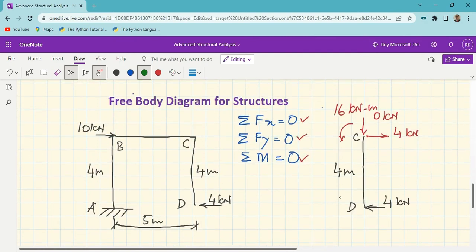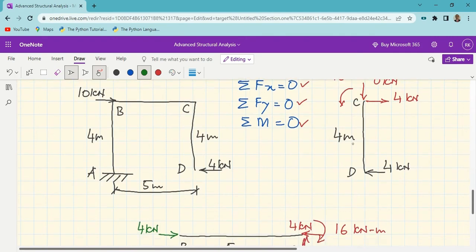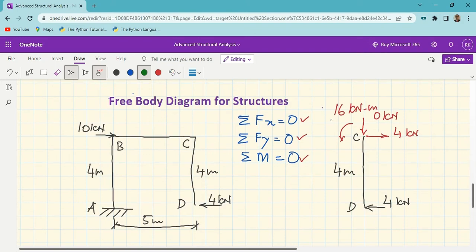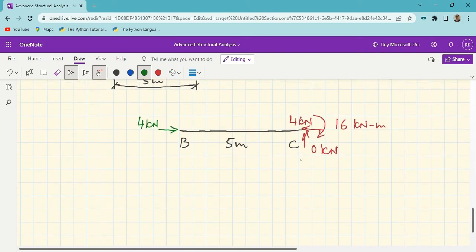Remember, every joint is in static equilibrium, every member is in static equilibrium. That is what a free body diagram is. We have achieved the static equilibrium of the joint C by transferring equal and opposite of these forces in the portion BC.